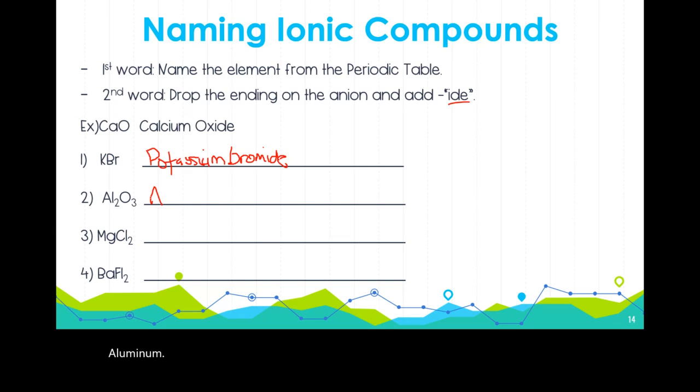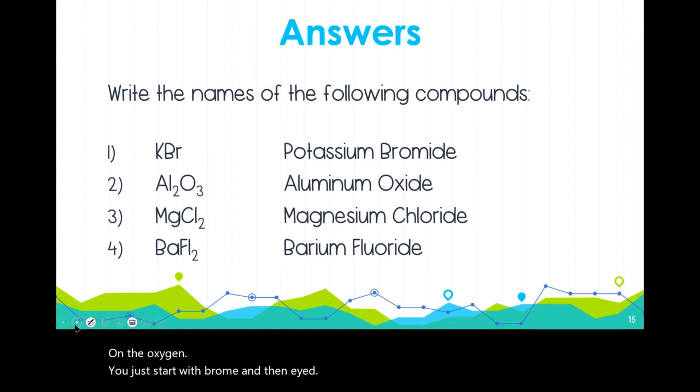Aluminum oxide. We just add that -ide on the oxygen. Just start with brom- and then -ide. All right, here are your answers. Chloride, you can see, just add the -ide at the end.